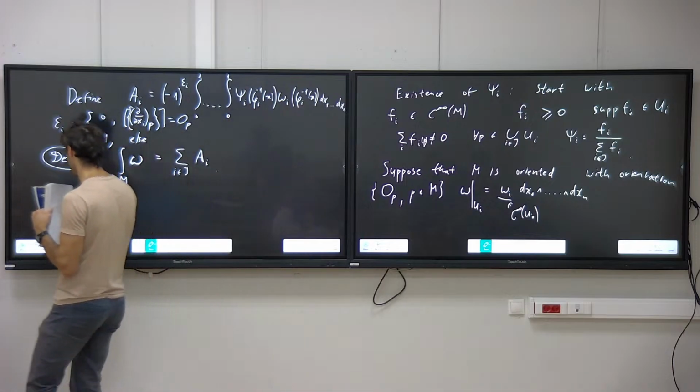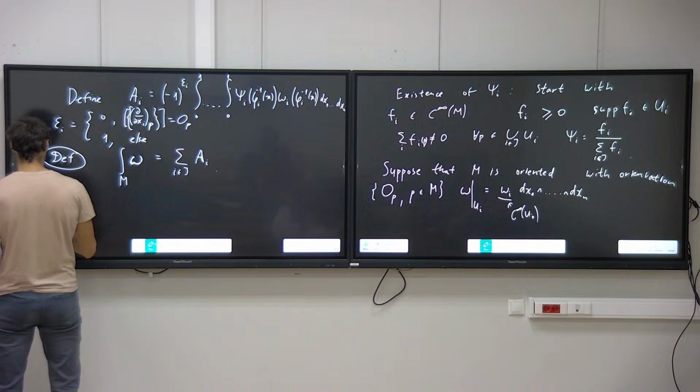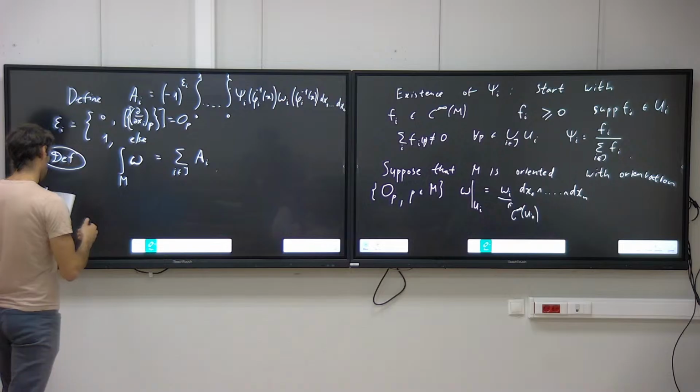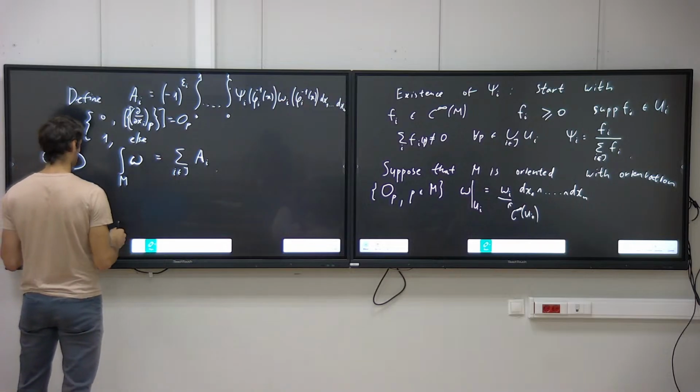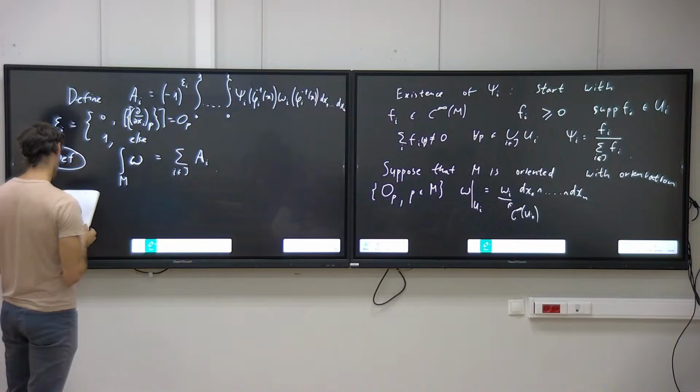One thing we should worry a little bit about is that it does depend on the choice of cover, or other things that we fixed, psi I for example, like a partition of unity. And the claim is that it does not depend, of course, on all these things.